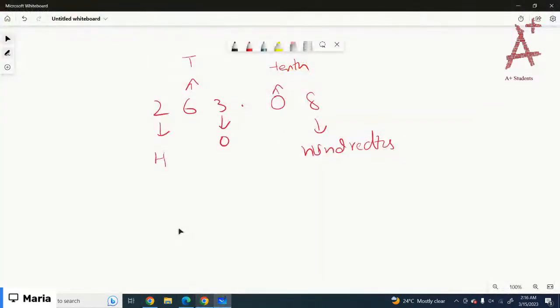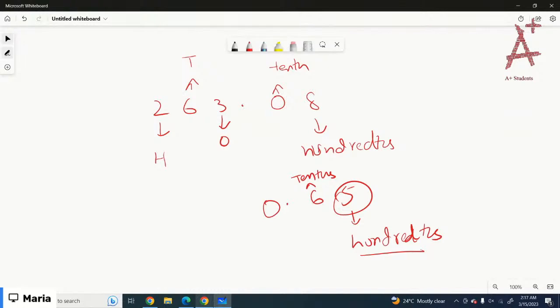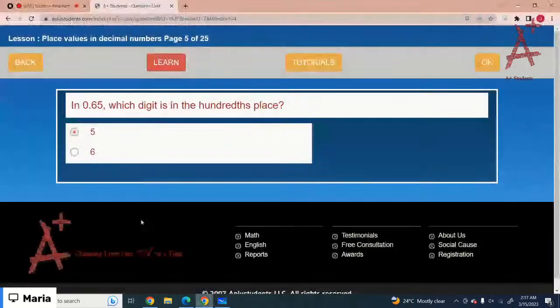Just look here, 0.65. The digit right next to the decimal point is the digit that is at the tenths position, and the next one is at the hundredths position. Got it? 5 is at the hundredths position. Be careful. The correct option is 5.